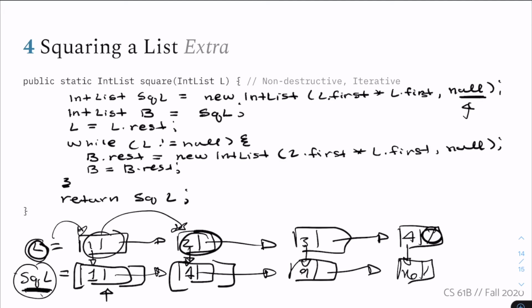And then the last thing we do is we also have to iterate L, so that now that we're looking at, let's say, this block of squared L, we also want to make sure that we're copying in the value from the corresponding block of L. So this is our final form. Don't worry, this is a very tricky problem. It's just for practice if you want to prepare for tests and such.